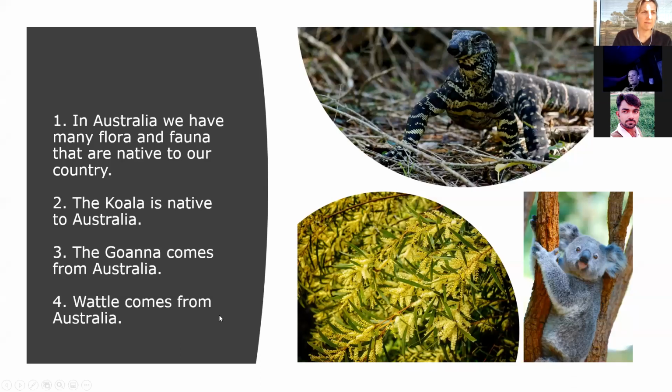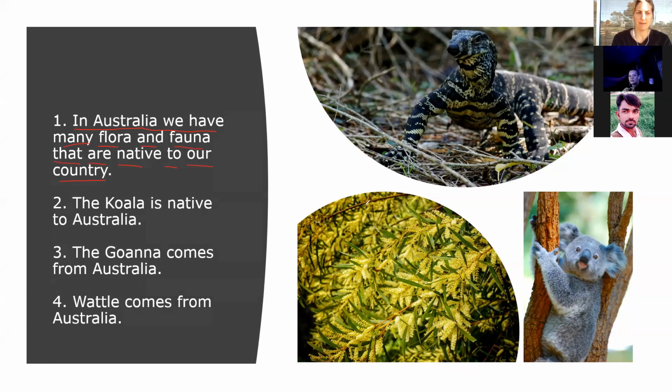So if somebody says, what animal is native, I could answer like this. There are some hard ones and some easy ones. The first one is hard. I said, in Australia, we have many flora and fauna that are native to our country.